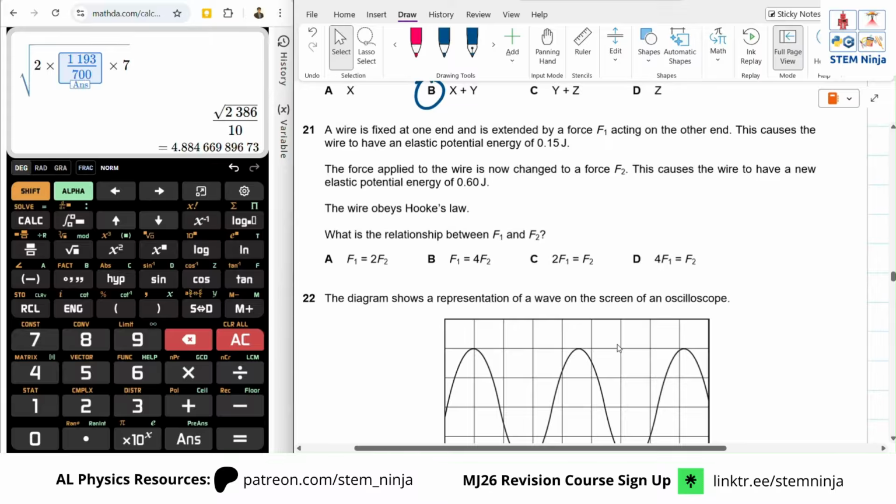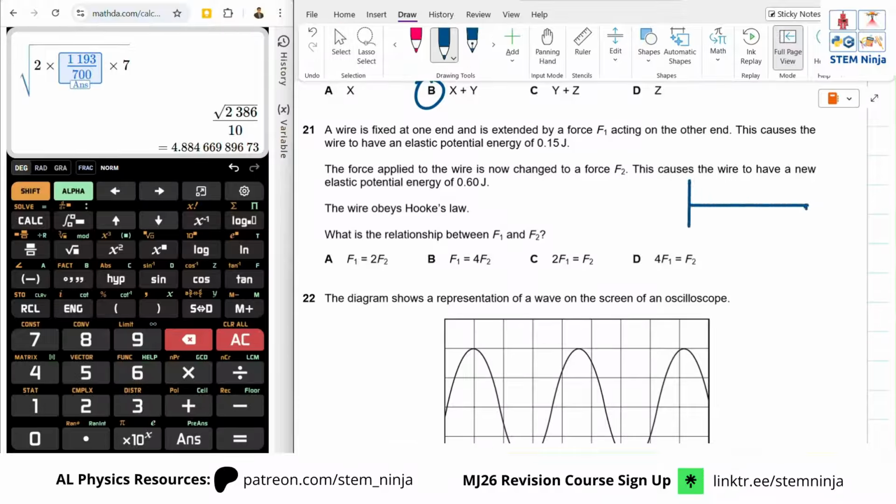A wire is fixed at one end and is extended by a force F1 acting on the other end. This causes the wire to have elastic potential energy of 0.15 joules.